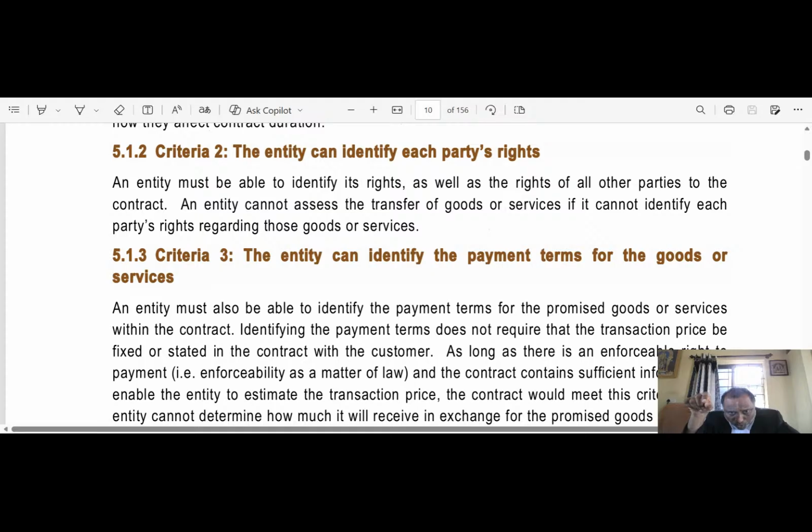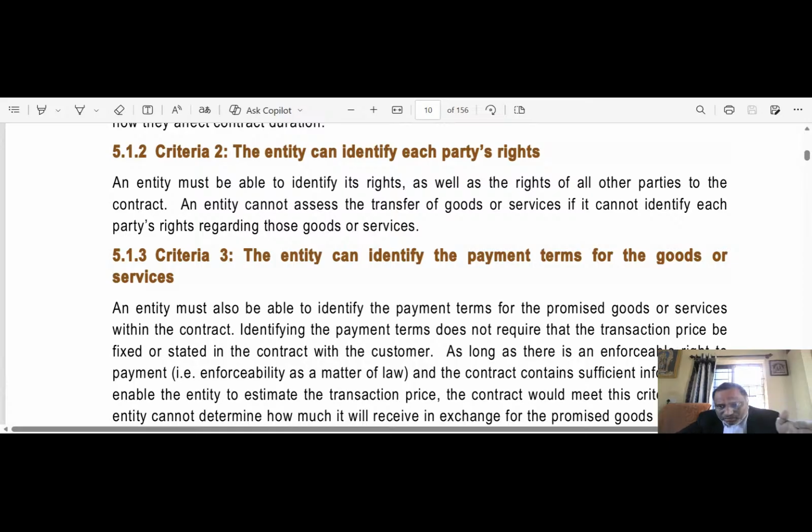An entity must also be able to identify the payment terms for the promised goods or services within the contract. Identifying the payment terms does not require that the consideration price be fixed or stated in the contract with the customer, as long as there is an enforceable right to payment, enforceable as a matter of law, and the contract contains sufficient information to enable the entity to estimate the transaction price.